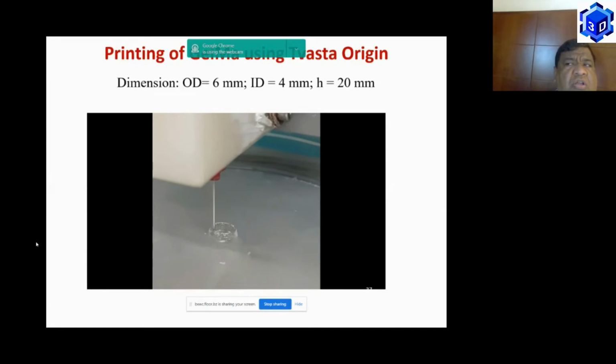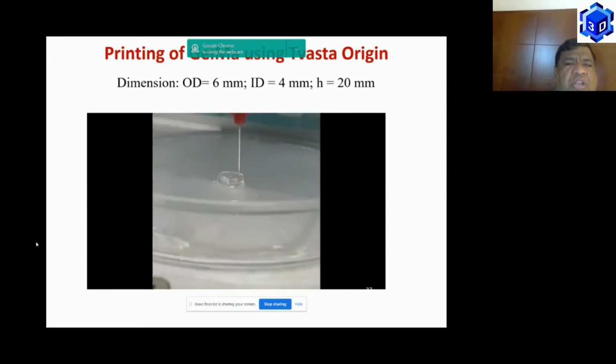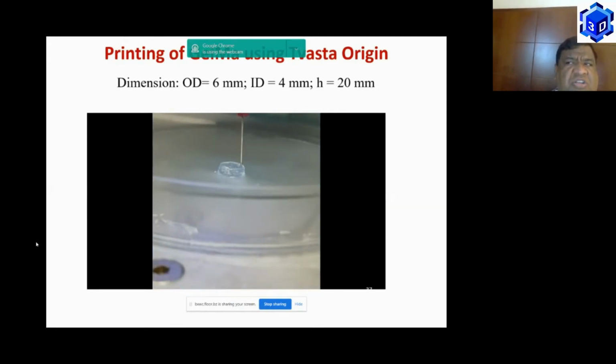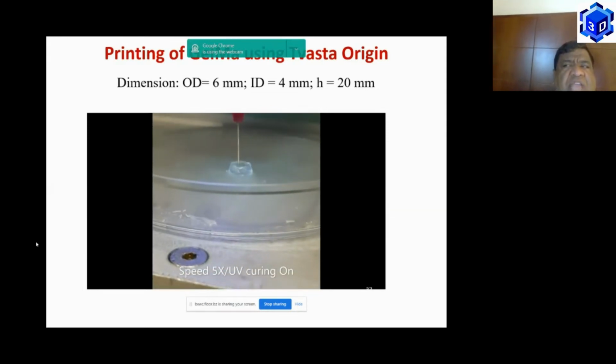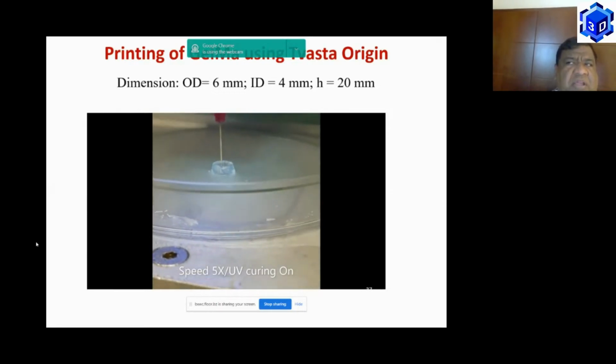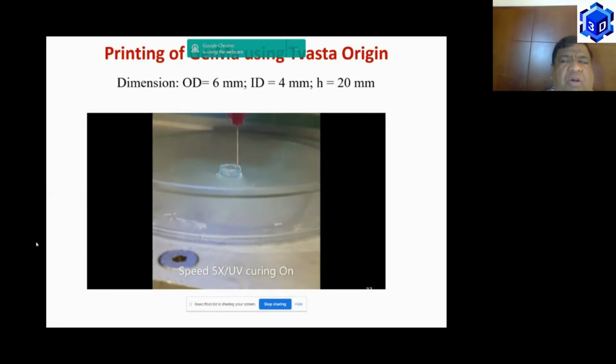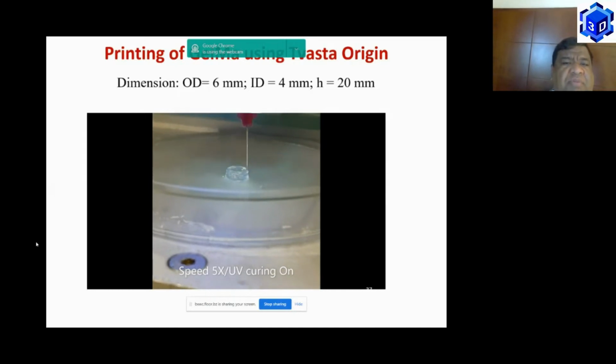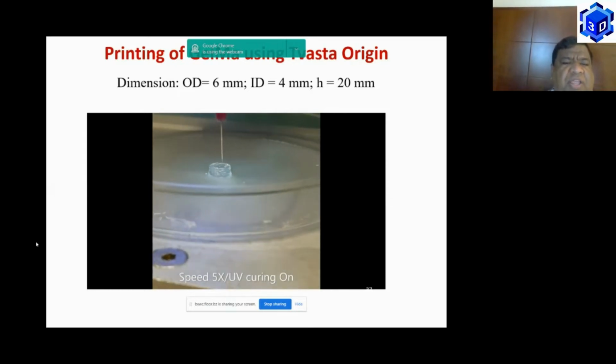The longer the dimension of the structure that you can print without any structural distortion, the better the quantitative or qualitative measure of the buildability of this particular ink.